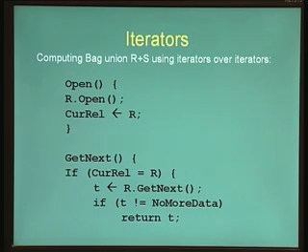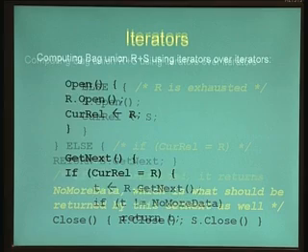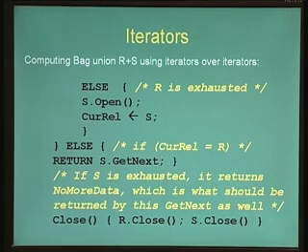That is, we just say current relation dot getNext, and if getNext returns no more data, then set current relation as s, and then call s dot open, and then in the subsequent getNext operations, you just call s dot getNext instead of r dot getNext.